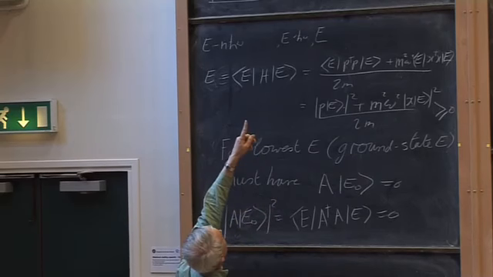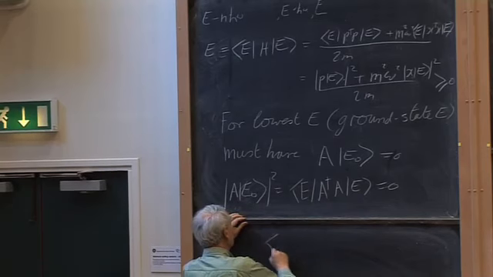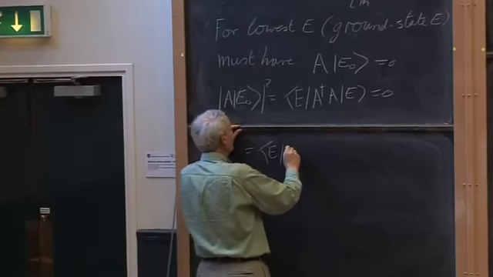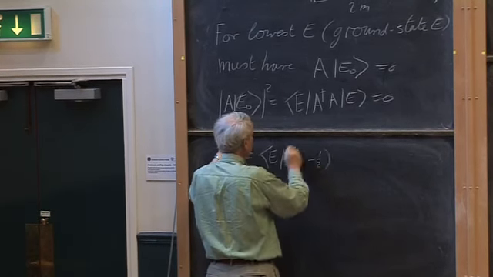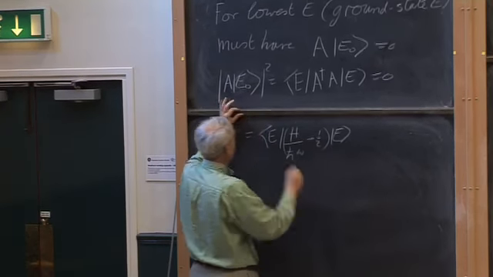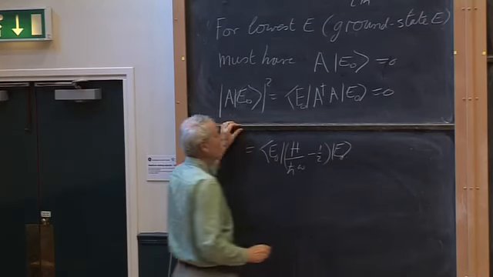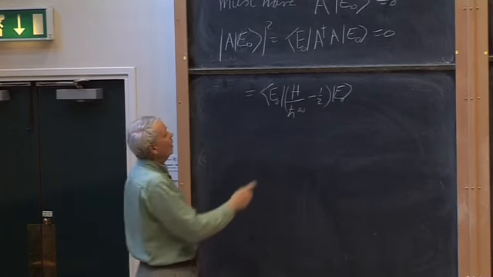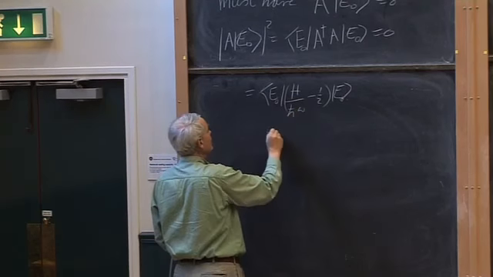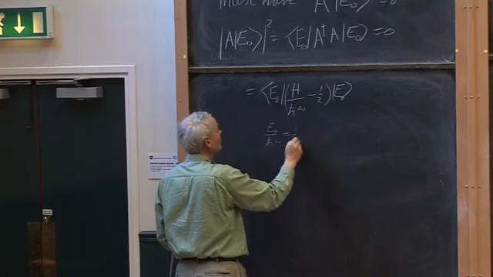H is equal to A dagger A plus a half h bar omega. So this is the expectation value of H over h bar omega minus a half. And these ones have zeros on them because we're talking about the ground state energy, not any old energy now. We're just talking about that one special lowest energy, the ground state energy, that this equation is valid for. And so what we're discovering is that E0 over h bar omega is equal to a half. In other words, the ground state energy, E0, is a half h bar omega.